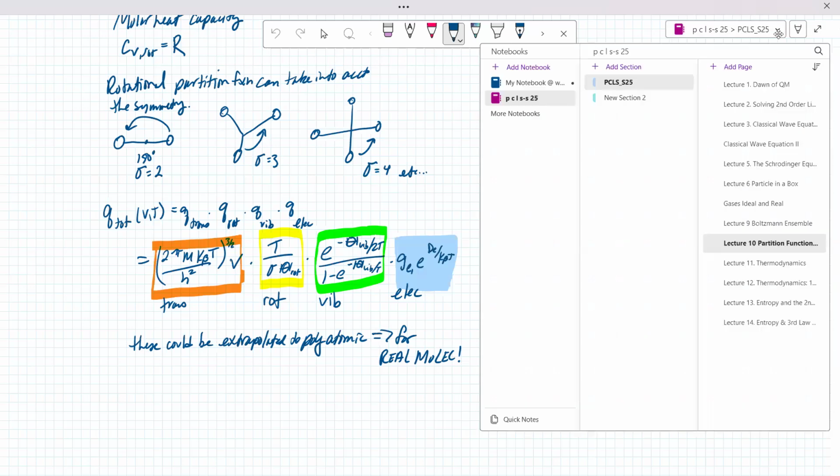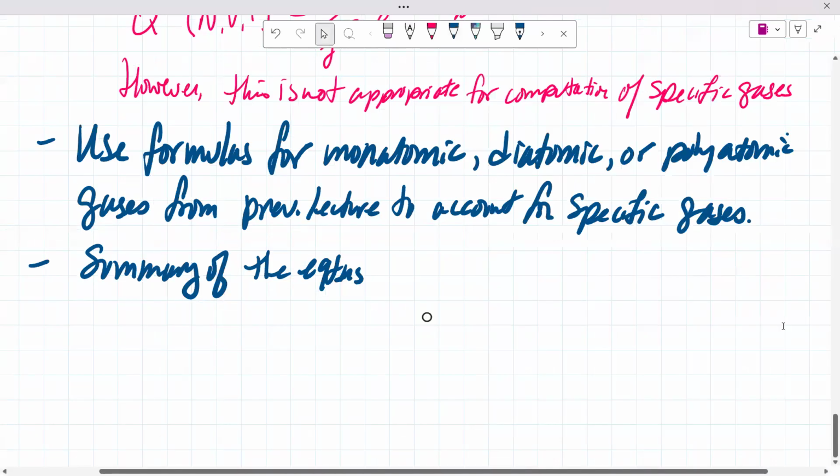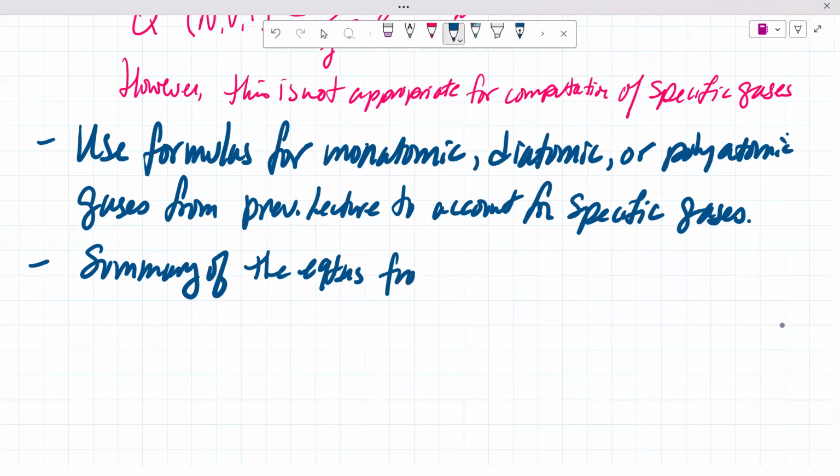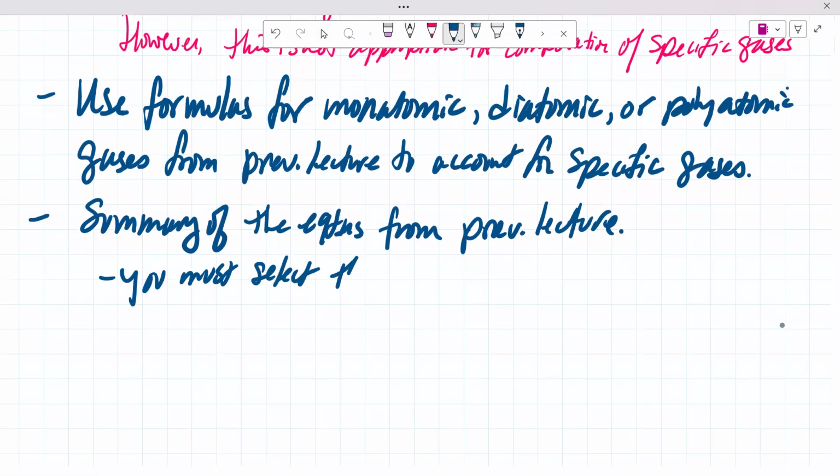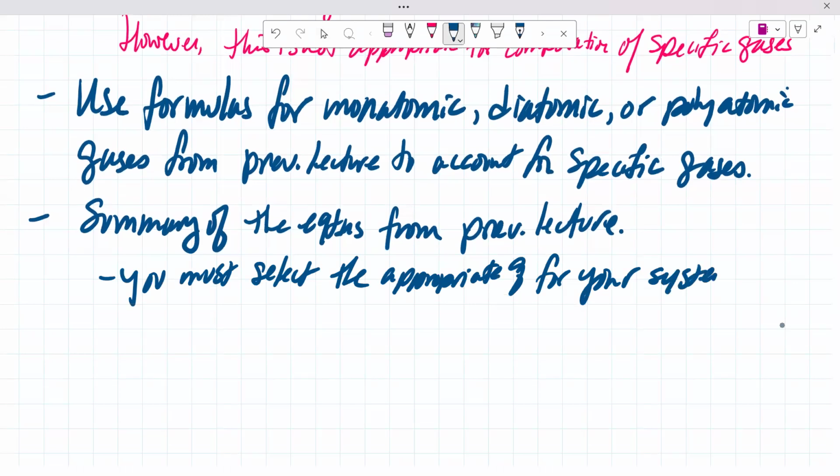So let's come back to today's lecture. From the previous lecture, you must select the appropriate Q for your system of interest, for the type of gas you have.